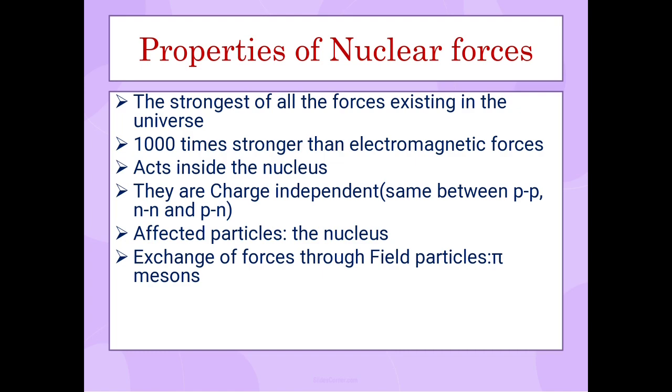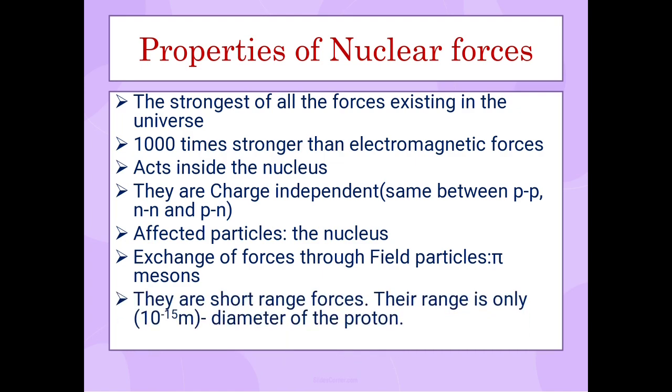And these forces are exchanged by the carrier particle or field particle called pi mesons. So proton-proton, proton-neutron, and neutron-neutron exchange their nuclear forces by means of a field particle, pi mesons. And the range is very, very short.